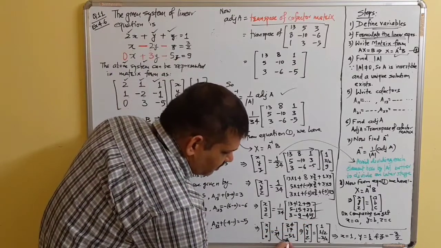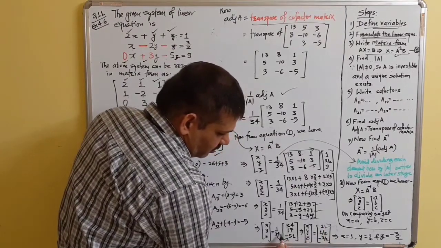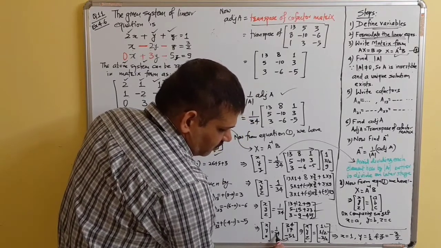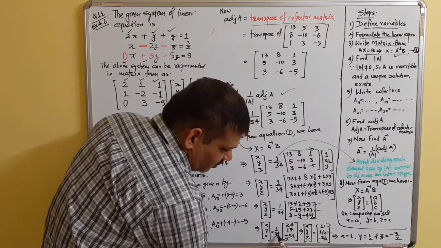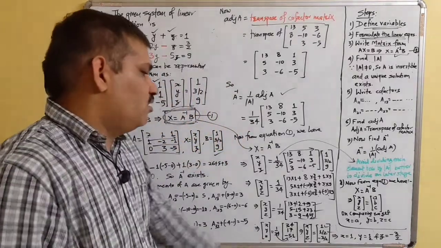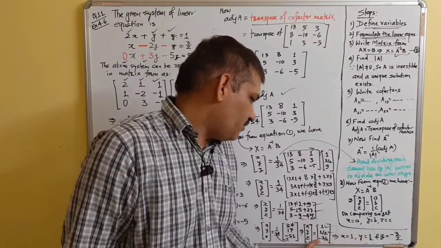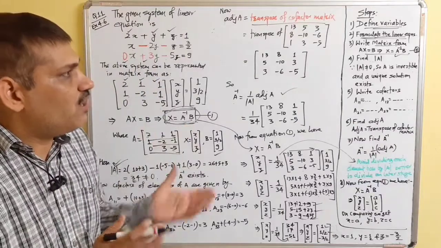Now we divide each and every term by 34, so this gives us 1. 17 upon 34 gives us half. Minus 51 upon 34, we cancel with the table of 17, so 17 3s are 51, 17 2s are 34. This gives us x is equal to 1, y is equal to half, and z is equal to minus 3 by 2. This is how we solve.